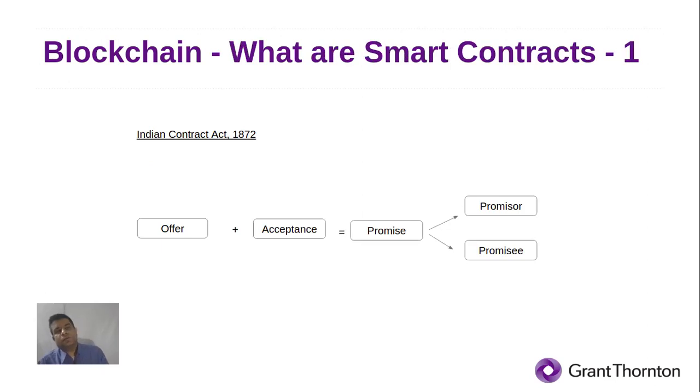When we talk about the Indian context, a contract is a combination of an offer and an acceptance. An offer and an acceptance form what is called a promise, and a promise consists of a promiser and a promisee.